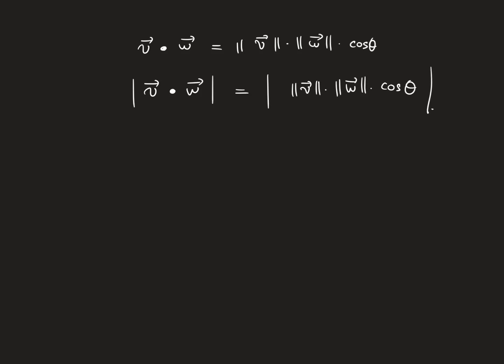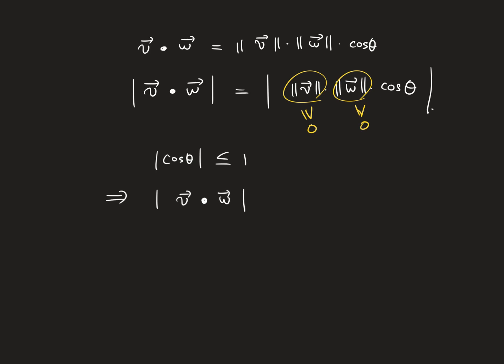But as you know, the norms are greater than or equal to 0, and also the absolute value of cosine theta is less than or equal to 1. And then we can see that the absolute value of the dot product of v and w is less than or equal to v norm times w norm.